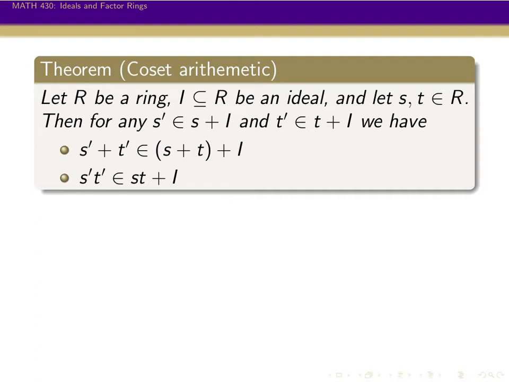Then for any s and t in R, we let s prime be in the coset generated by s, so s plus I, and t prime be in the coset generated by t. Then s prime plus t prime is going to be in the coset s plus t, and s prime t prime multiplied together is going to be in the coset coming from st.